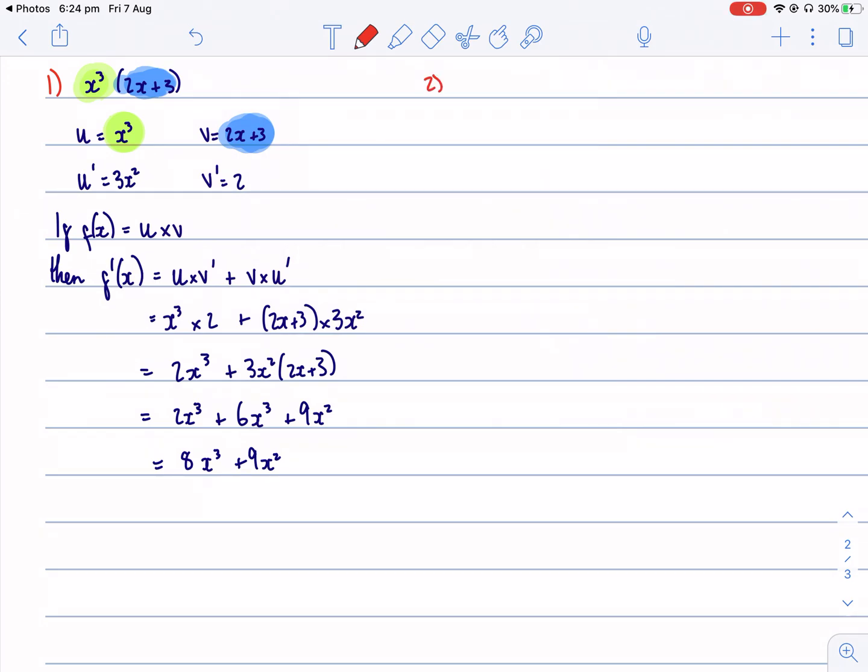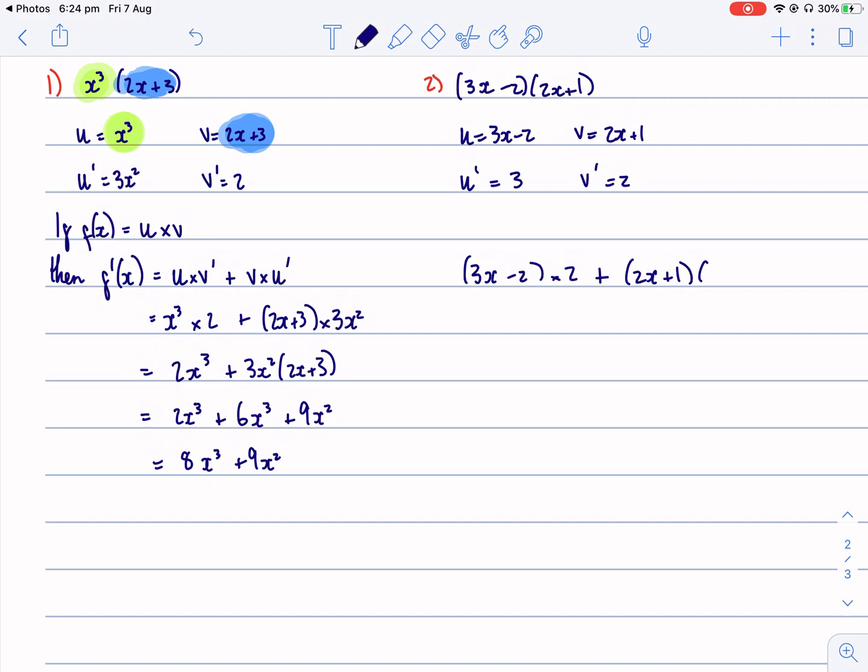Question 2. We've got 3x take 2, 2x plus 1. So I'm going to let u equal 3x take 2, v's 2x plus 1. So u dash is 3, v dash is 2, which means I've got 3x take 2 times 2 plus 2x plus 1 times 3.